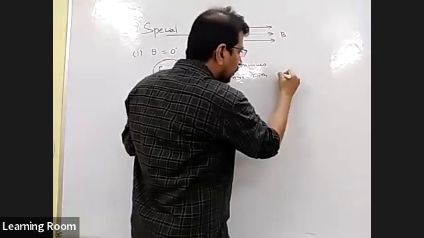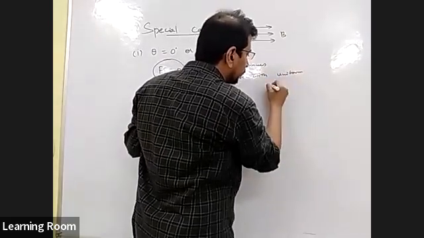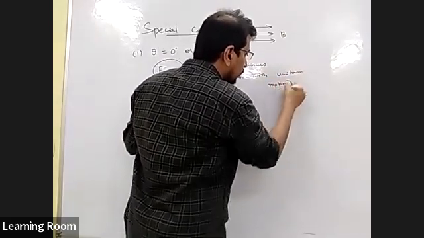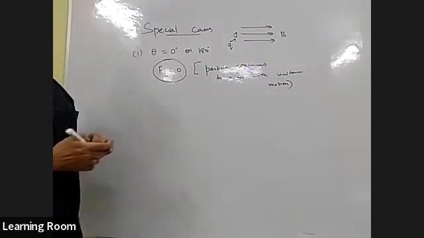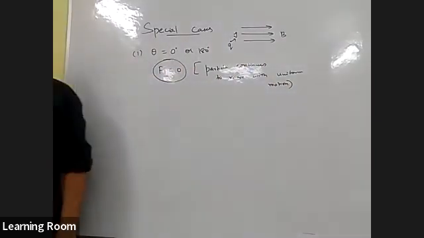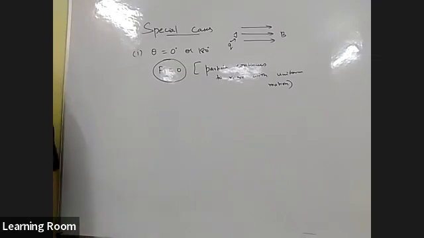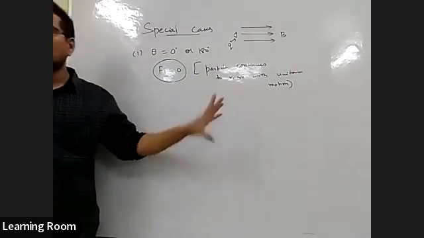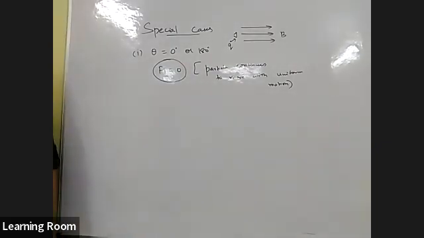This we have already written, but still write it down. What is the meaning of uniform motion? Okay. Acceleration is 0. Means it moves with uniform speed or velocity, whatever we call it. Correct? Right?